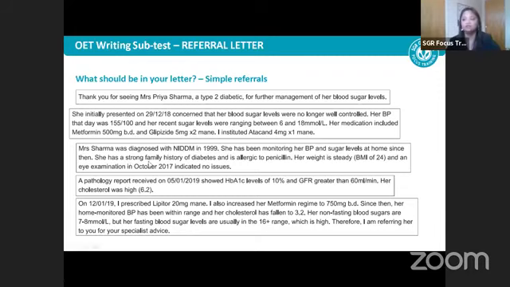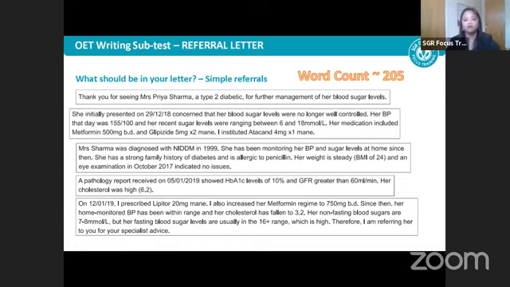So even if one student starts with this one, makes this the second paragraph, or the second student did it in reverse, what's important is that your letter is logical, and that they are well connected in terms of ideas. When the reader is reading your letter, they can understand the story, they can understand your patient very well, they can understand the condition, they can understand what is needed from them, and what they need to do as well in order to provide continuous care for this specific patient.